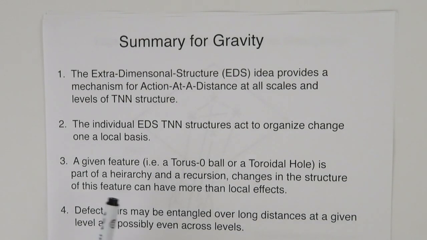A given feature, that is to say a torus zero hole or a toroidal hole, is part of a hierarchy of recursion, and changes in the structure of this feature can have more than local effects. That's very interesting. And then the possibility that defect pairs may be entangled over long distances at a given level, and possibly even across levels, is really very new and dramatic.